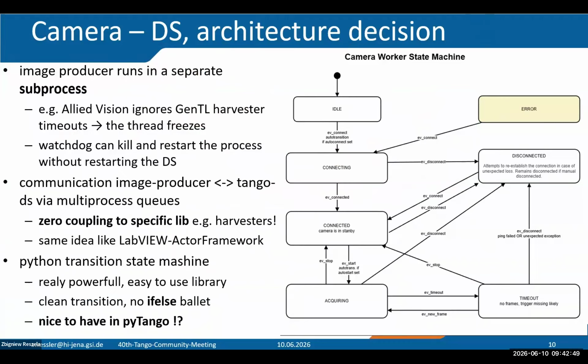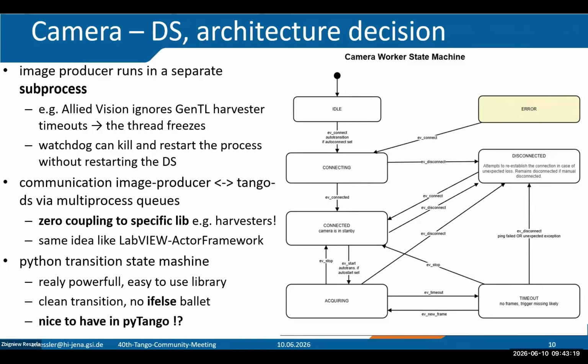For example, one vendor's implementation of the GenTL producer ignores the timeouts, and if this happens, your thread is just dead. If it's a thread in a device server, you need to restart the device server. But if it's a subprocess, you can just kill it and restart the process.